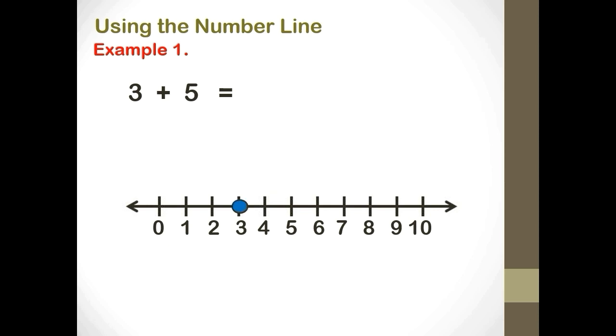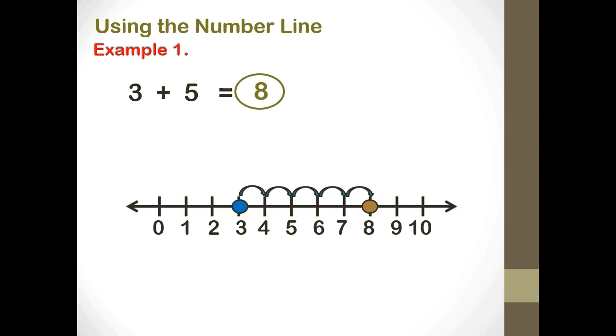So we have positive 3. And since we are adding a positive number, which is 5, we are going to move 5 units to the right. Therefore, 1, 2, 3, 4, 5. So where did we stop? At positive 8. Therefore, our answer is positive 8.